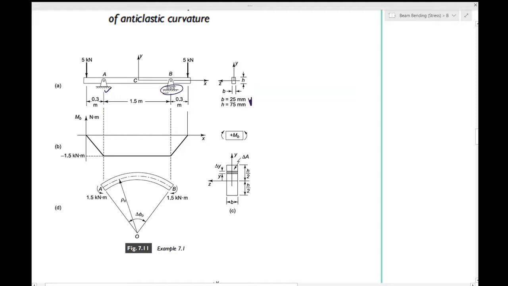When the ends of the beam are loaded with 5 kilonewton loads, this end and this end, we wish to find the maximum bending stress at the mid span of the beam. So this is called the mid span, and you should know, span is a word used in bridges, which are essentially beams.